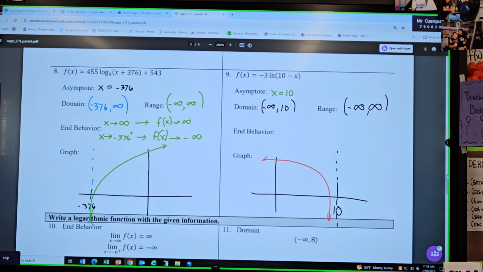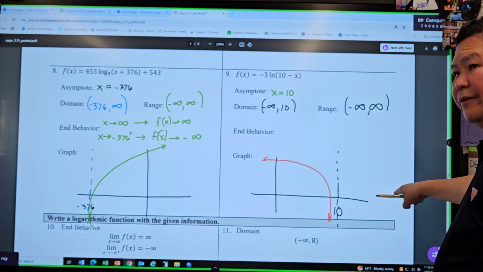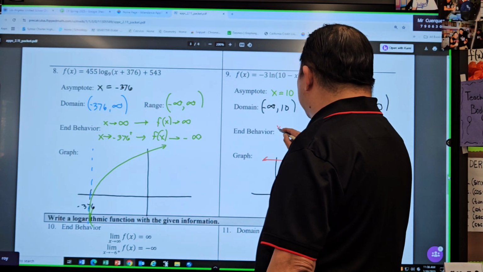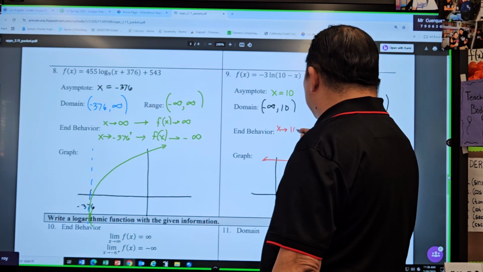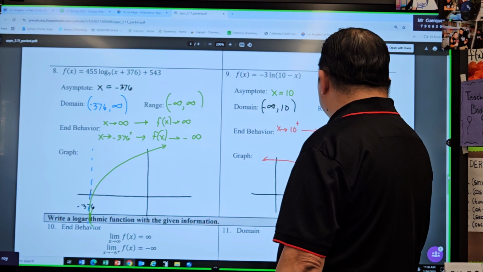So can you write the end behavior? As x is on the right of 10, the function is going where?